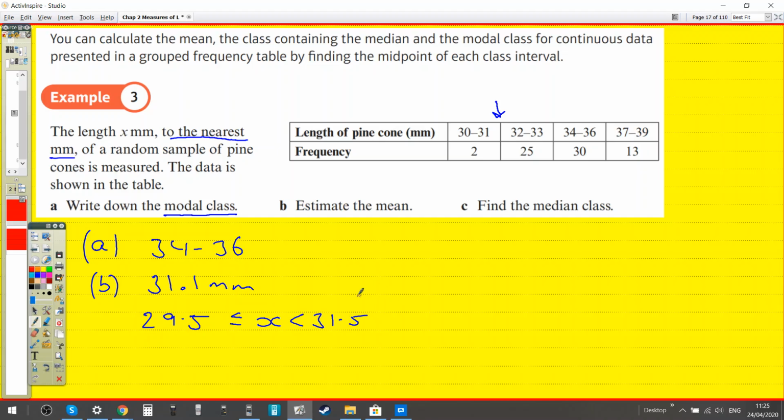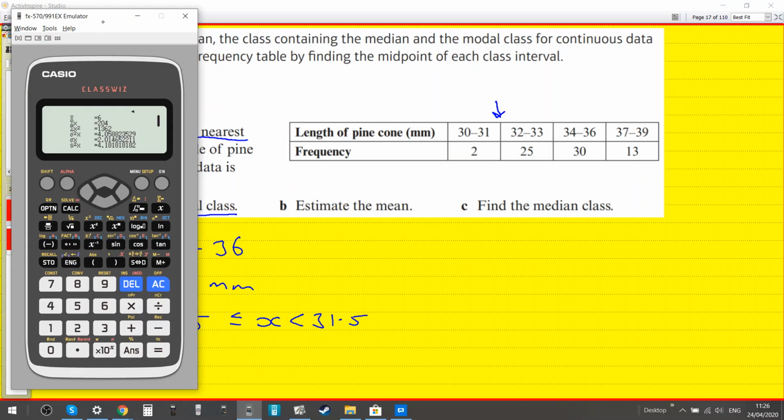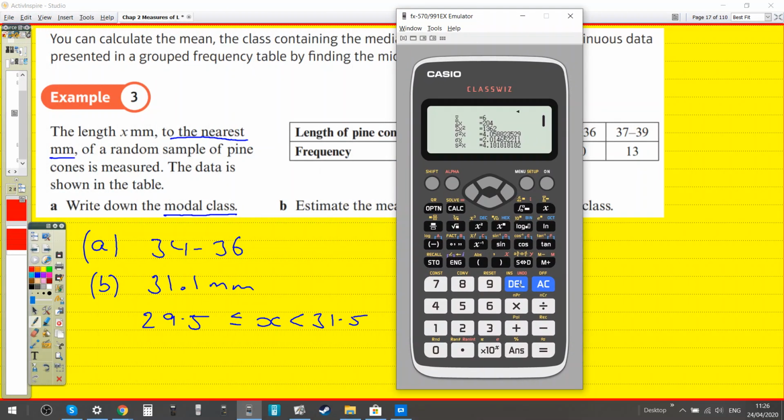So for this one, what is the midpoint? 30.5. So the midpoint for this one is it 30.5? Yeah, I think so. You think so? Hang on, let me just make sure.